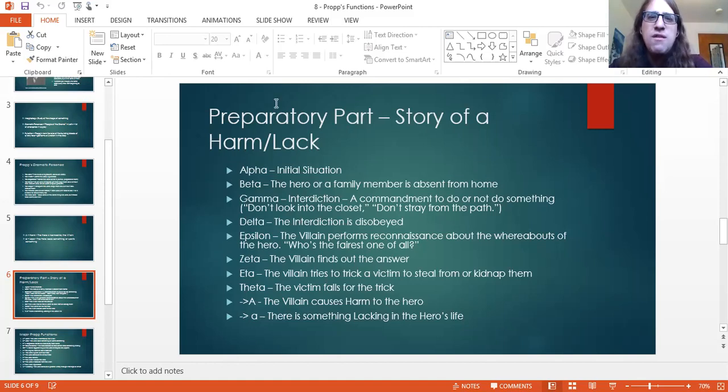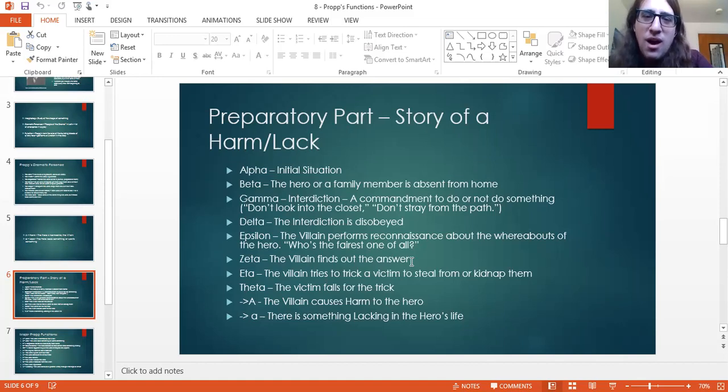Then we have the opportunity for the villain to perform reconnaissance, or basically spying is another way to think of it. The villain spies on the hero or spies on somebody in some way. I think arguably we have that with Lord Farquaad. He spies on the princesses using his magic mirror, or basically he asks, who would be a good princess for me to marry?